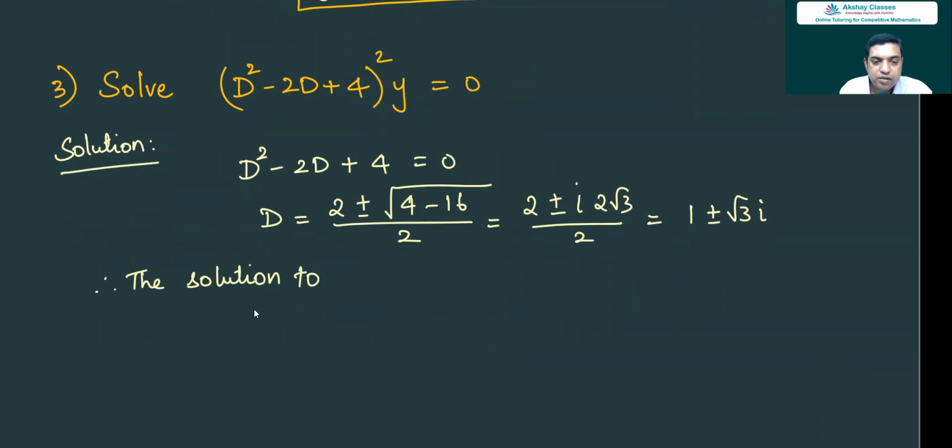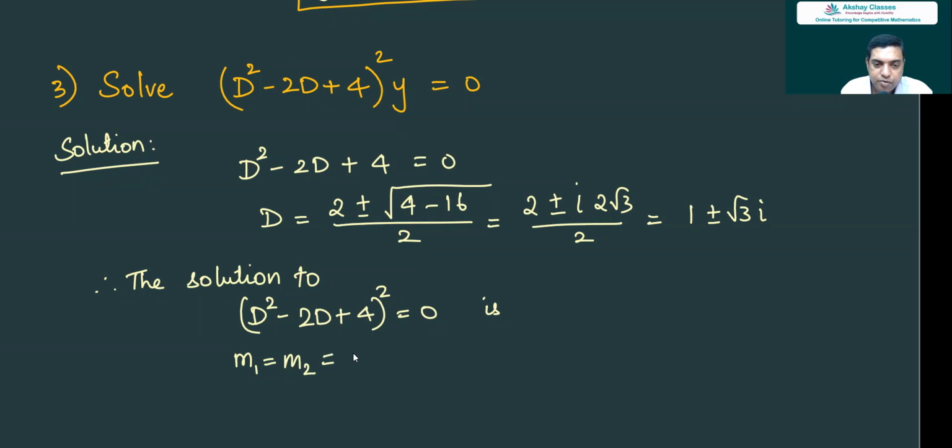Now, therefore, the solutions to (D square minus 2D plus 4) whole square equal to 0: you get 2 equal roots because it is a perfect square.